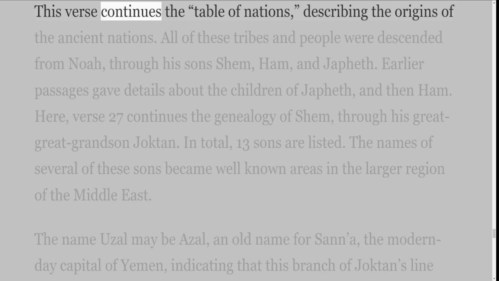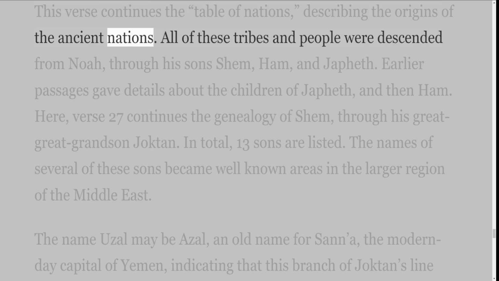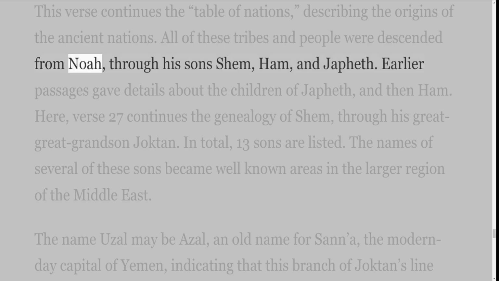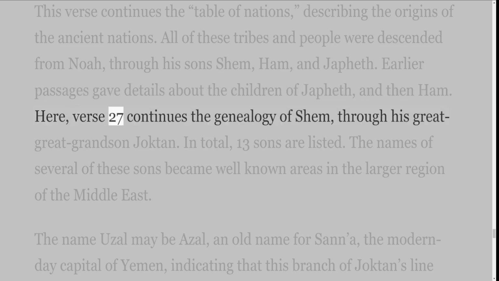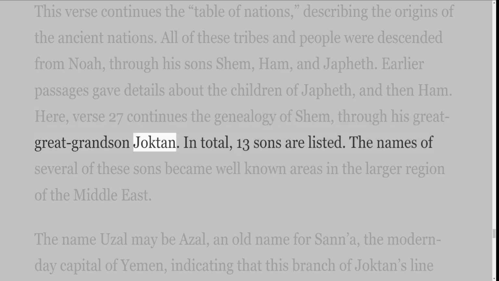This verse continues the Table of Nations, describing the origins of the ancient nations. All of these tribes and people were descended from Noah, through his sons Shem, Ham, and Japheth. Earlier passages gave details about the children of Japheth, and then Ham. Here, verse 27 continues the genealogy of Shem, through his great-great-grandson Joktan.